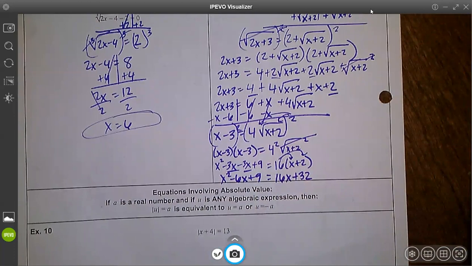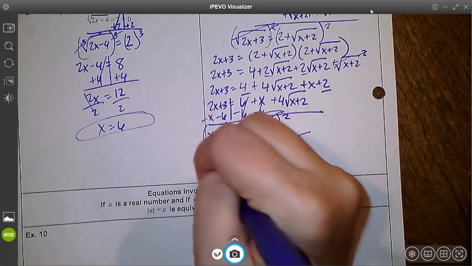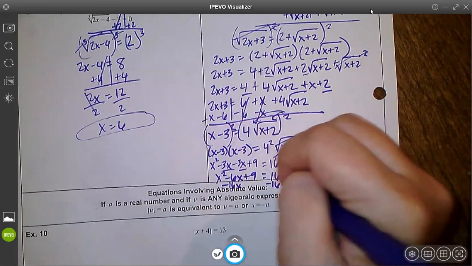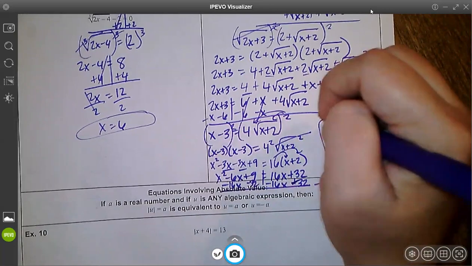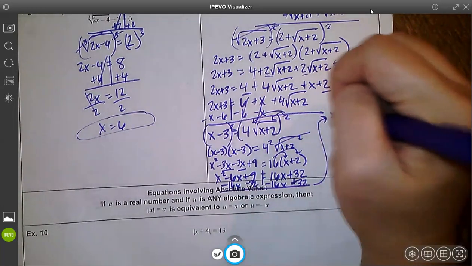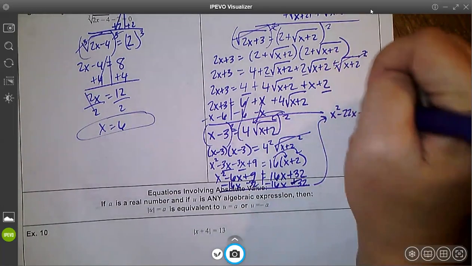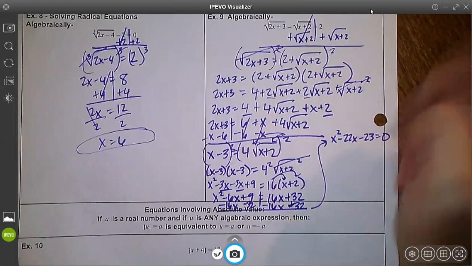Now I have a quadratic equation, so I'm going to set it equal to 0 and solve it that way. I'm going to subtract 16x and subtract 32. When I do that, I get x squared minus 22x minus 23 equals 0. This one I can solve by factoring.